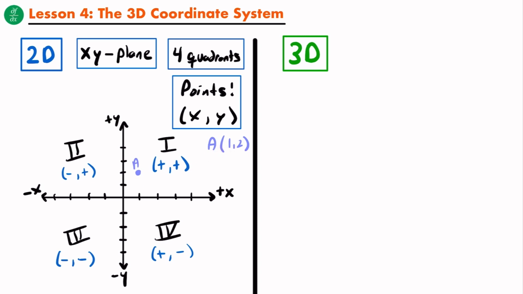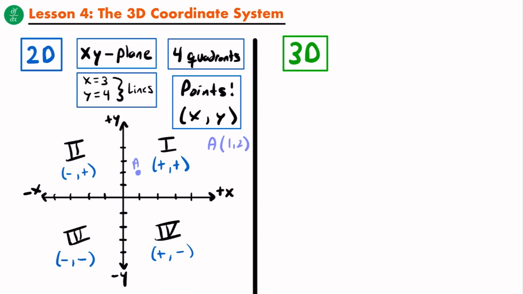All right, and then one more thing I want to mention about the two-dimensional coordinate system is when you have equations like x equals 3 or y equals 4, those equations represent lines, right? x equals 3 is the line that passes through x equals 3 along the x-axis and extends forever in both directions. No matter what the y value is for points along that line, the x value will always be 3.